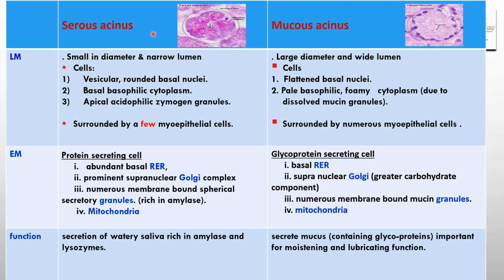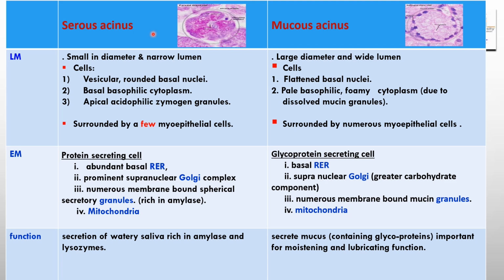The cytoplasm of the serous cells shows basal basophilia with apical acidophilic zymogen granules, while mucus cells show pale basophilic foamy cytoplasm due to dissolved mucin granules.